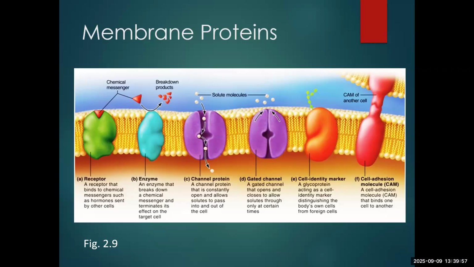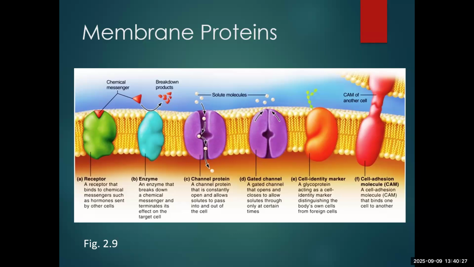Another example, most hormones act in this way. They are released into the blood, and when they travel to a cell, the cell has a receptor that is a protein in the membrane. And the receptor says, okay, I see you, hormone, and binds to it, kind of like a baseball mitt, it catches it. And then that changes the cellular function.